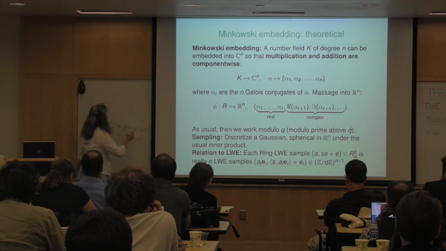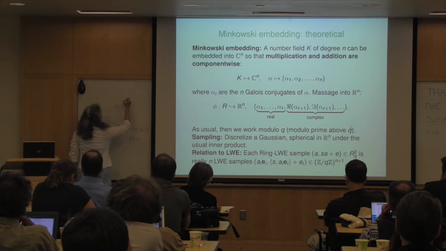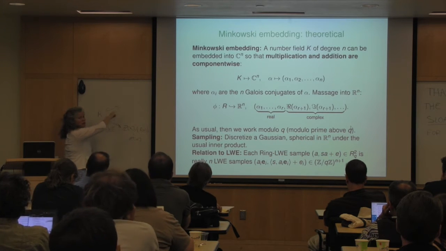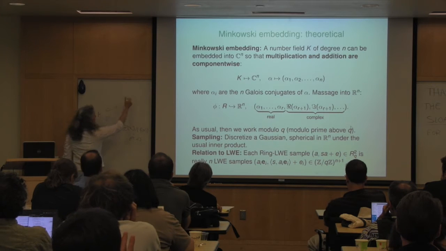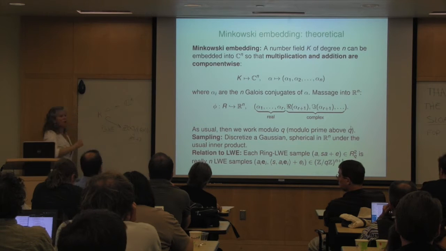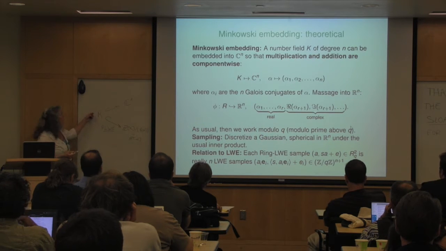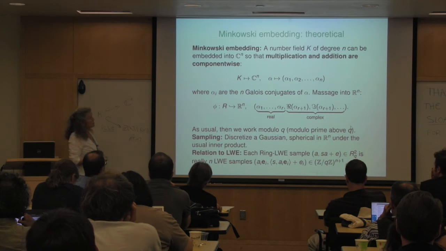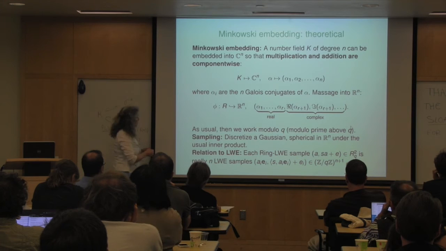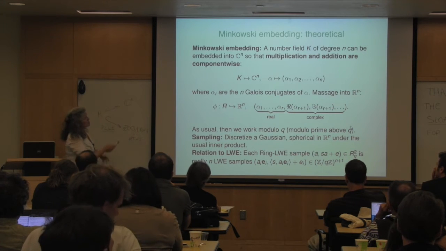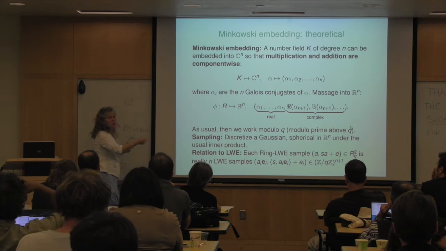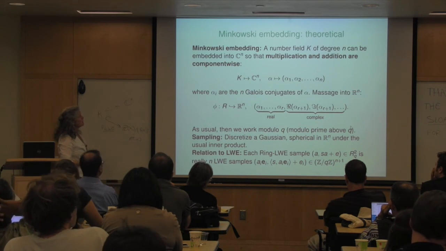This is what we call the RLWE distribution. What it does is it takes the almost usual Minkowski embedding. It takes a ring and puts it in n copies of C by looking at all of the complex embeddings of the generators of this ring. So here we have this map: alpha goes to sigma, essentially sigma_1 of alpha, sigma_2 of alpha, where the sigma_i are all the complex embeddings of this number field.